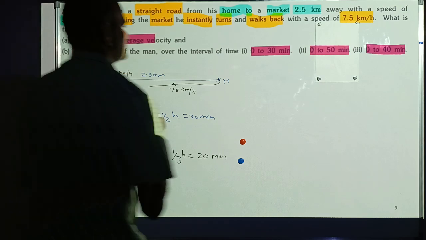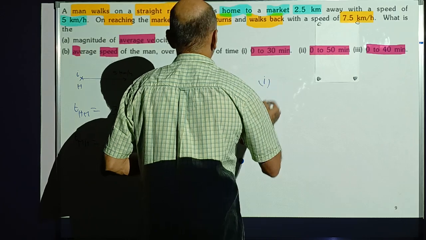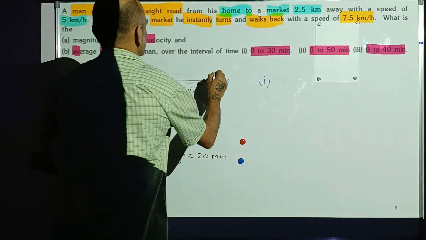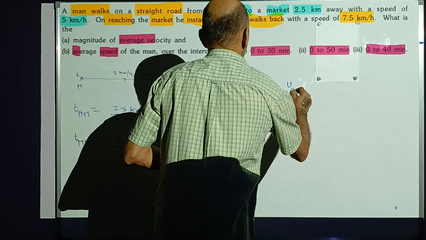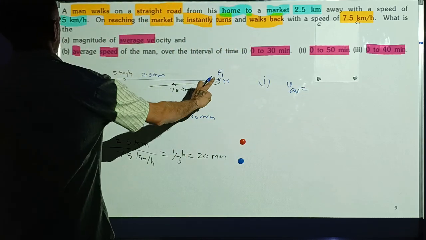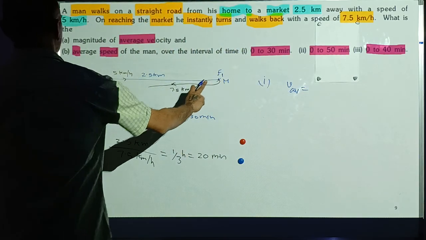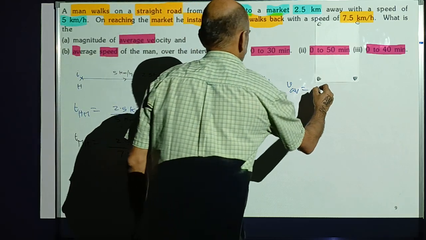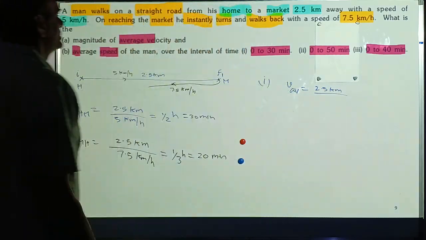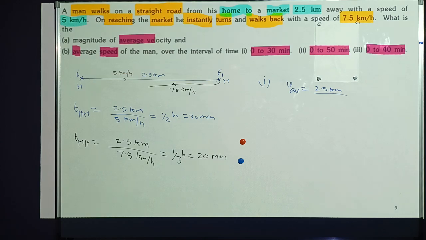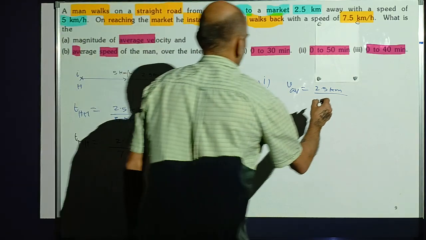So first part, this is the initial position, this is the final position. Let me call it F1 for the first part of the question. Average velocity is displacement, which is how far the final point is from the initial point, 2.5 kilometers, divided by the time, 30 minutes. In terms of hours, that is half an hour.